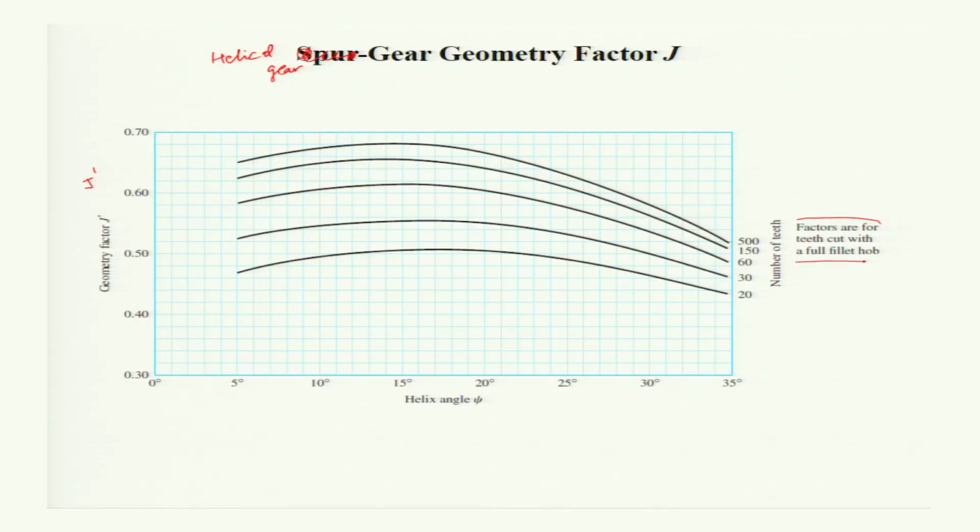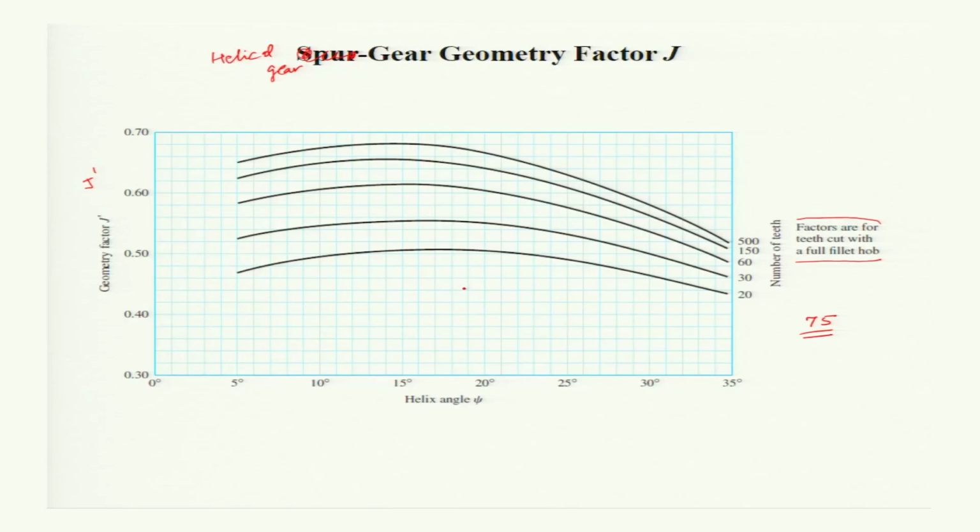Corresponding to the helix angle and the number of teeth, you will get the geometry factor J dash, and this is valid only when the mating gear has 75 teeth. If it is other than 75, then this is not valid.